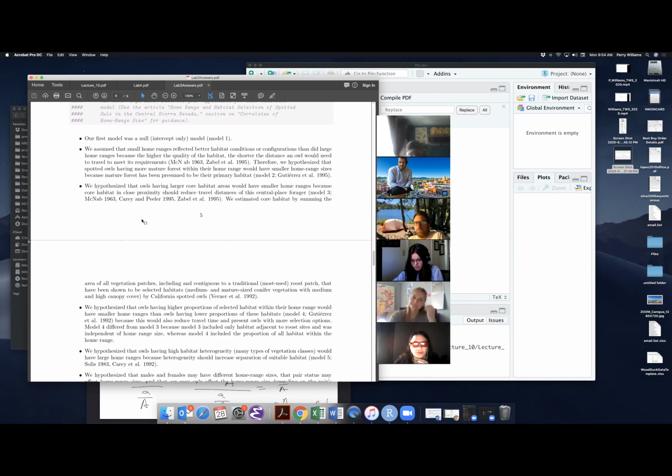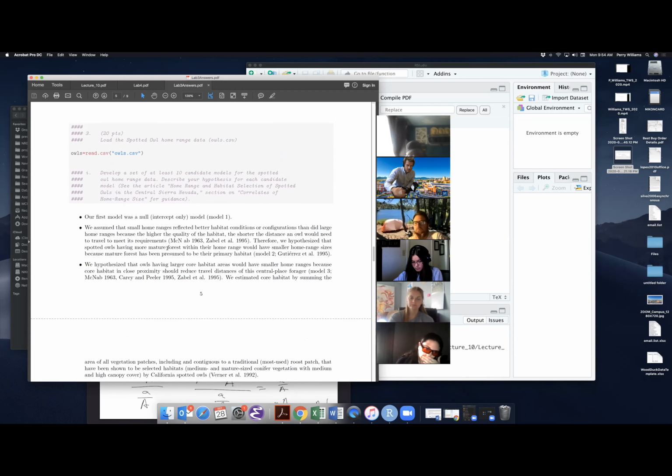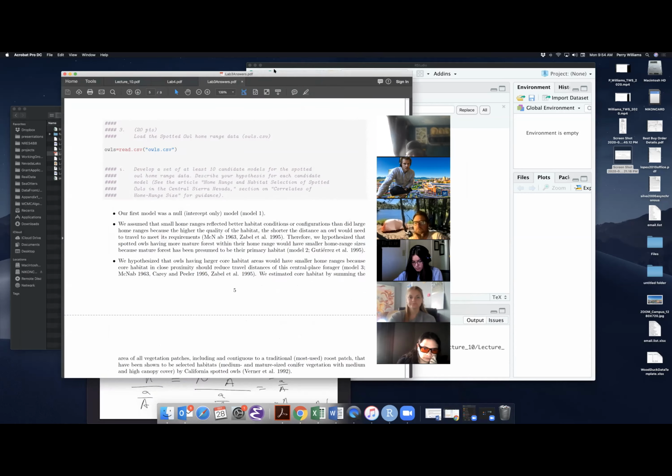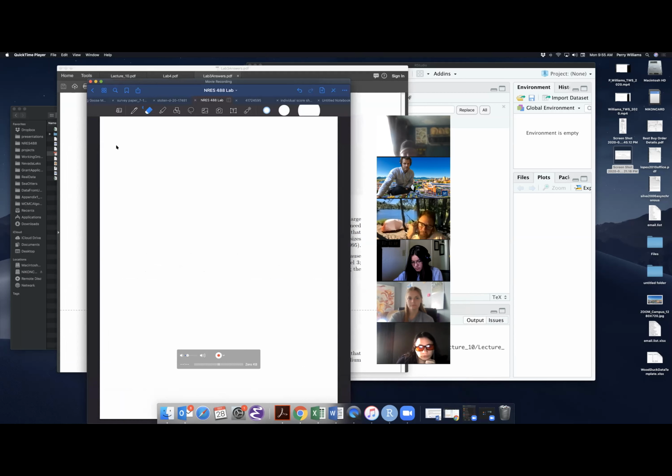My question was actually more of when writing the candidate models, did you want them written in R code or written as a model fit statement? So the way I would do that is write out, let's see, what type of model was this? Bernoulli model, okay, good. So here's how I would do that.